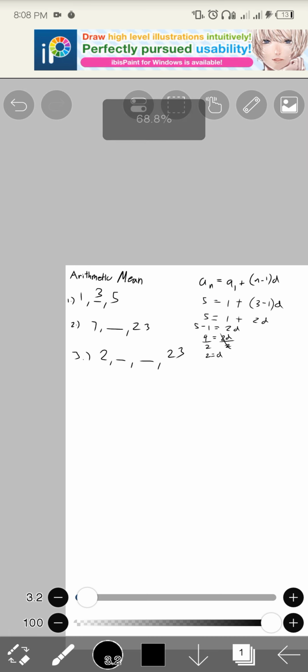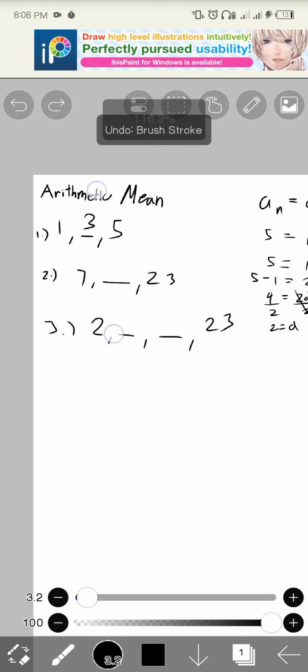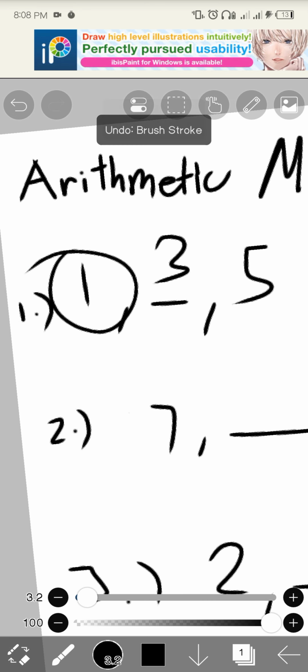Now, there's actually another step for this. We take our common difference and add it to the first term. So 1 plus 2 is 3.